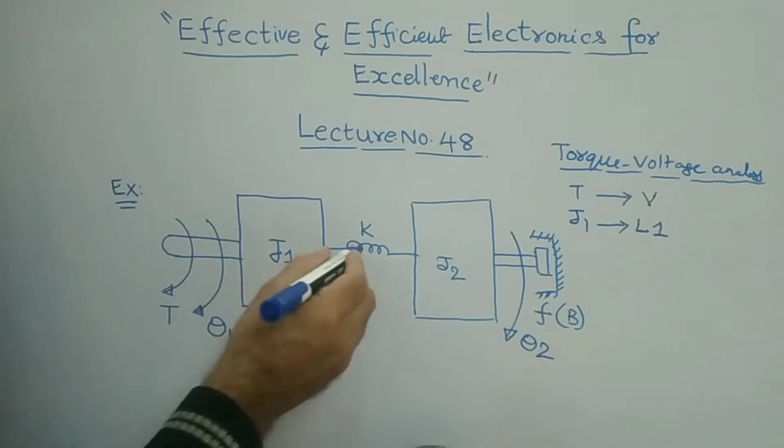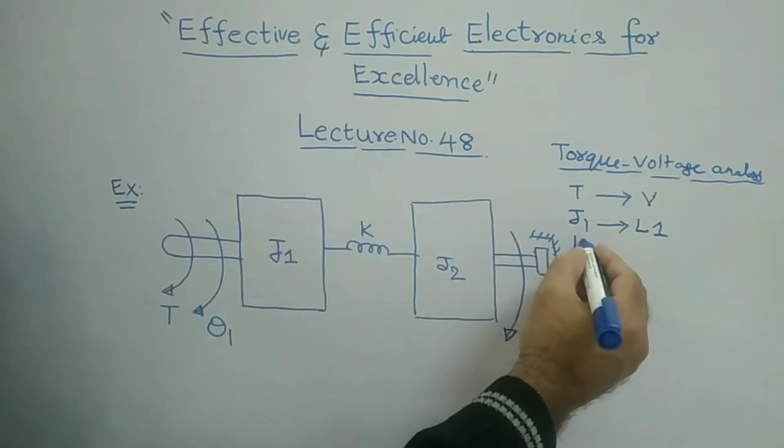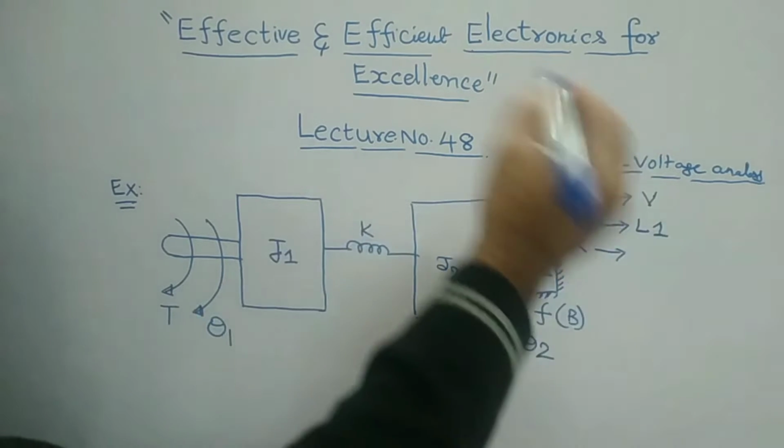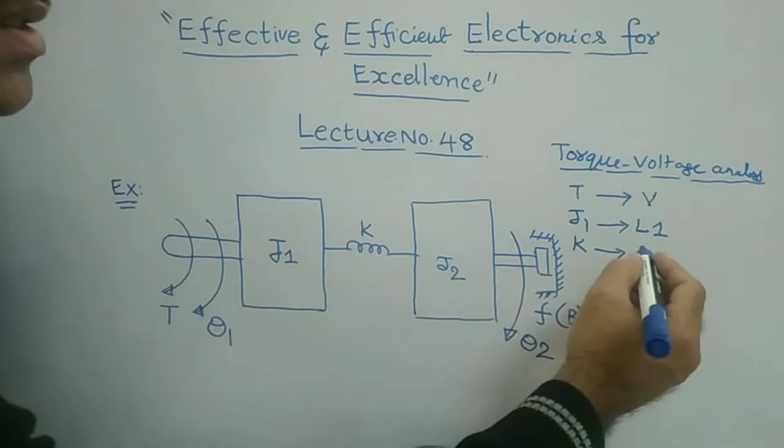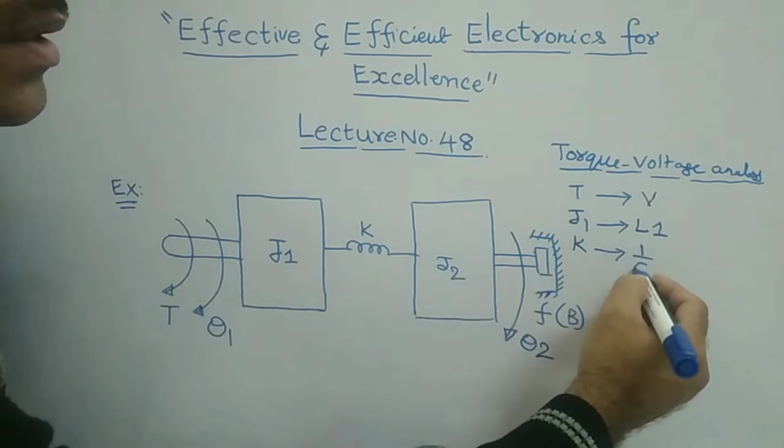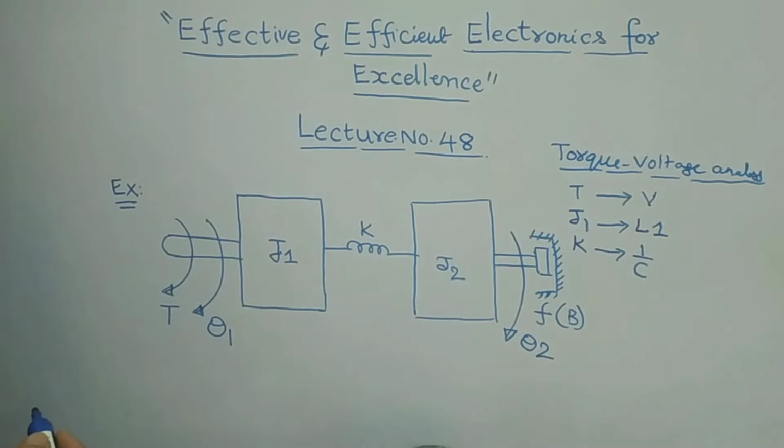What else is there? K is the common element. There we considered it as 1 by C. Here also K is equal to 1 by C.